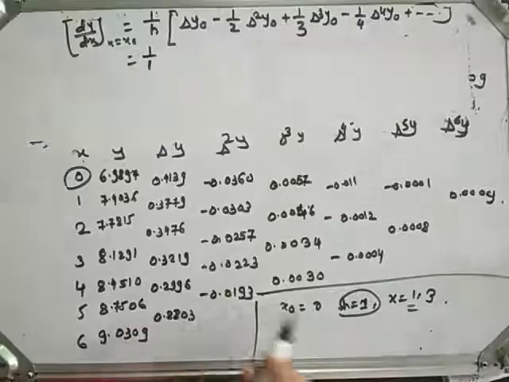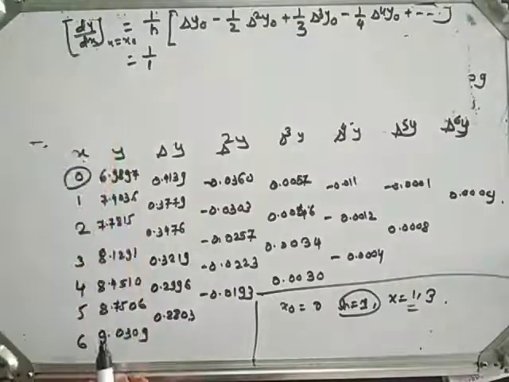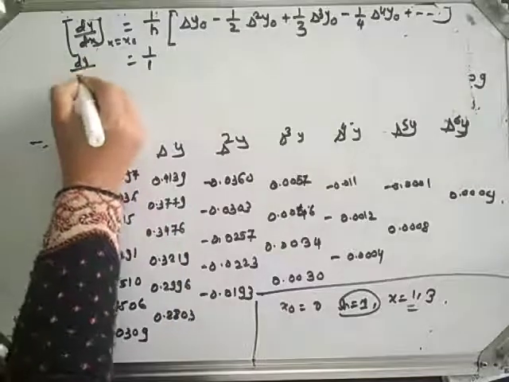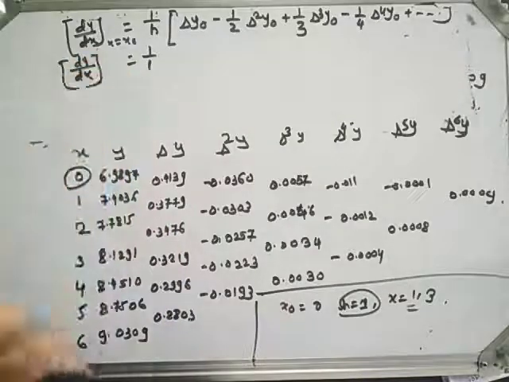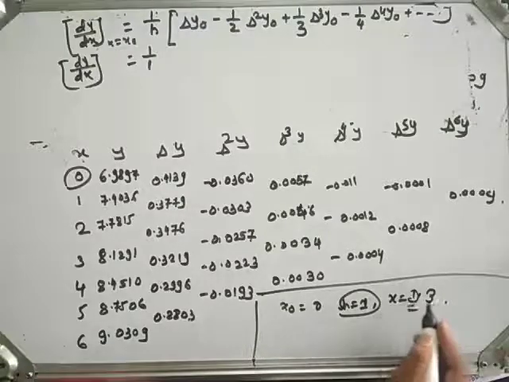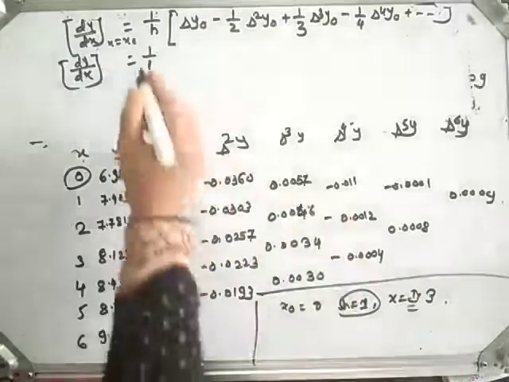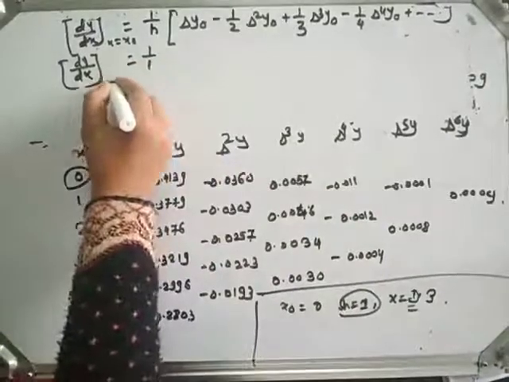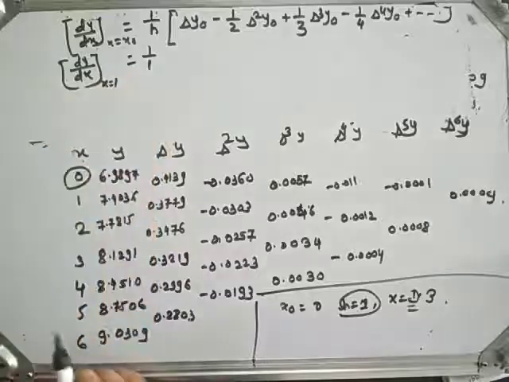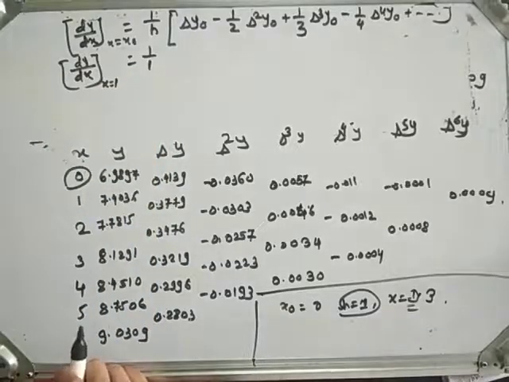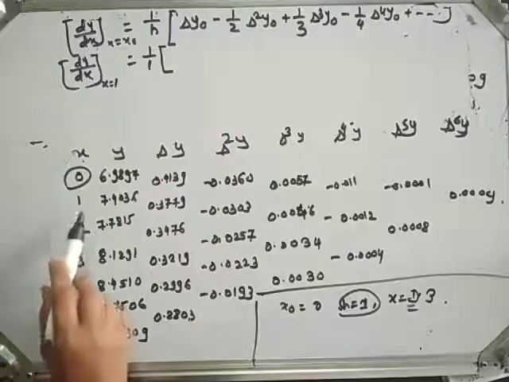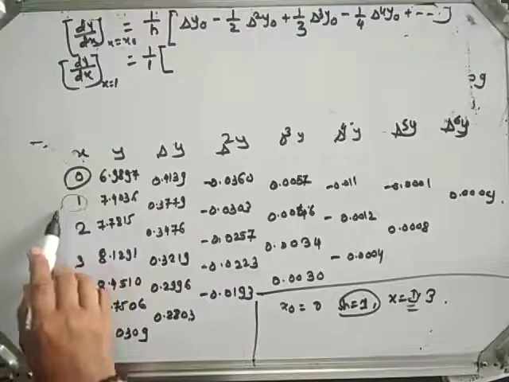Okay, you have to calculate the derivative at x equals, I will write here, dy by dx at x equals x0, and your x0 is 1. Here you have to calculate the derivative at x equals 1.